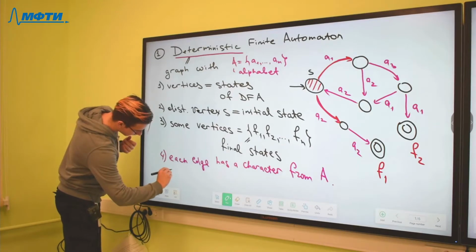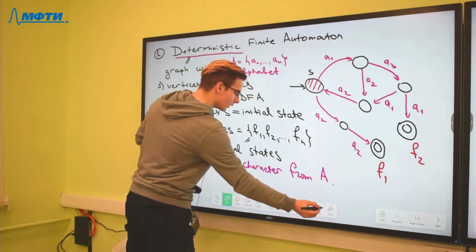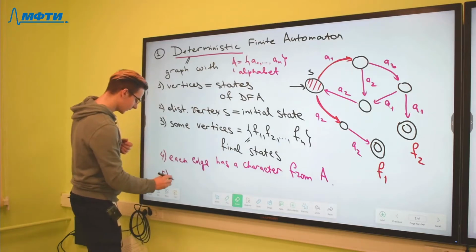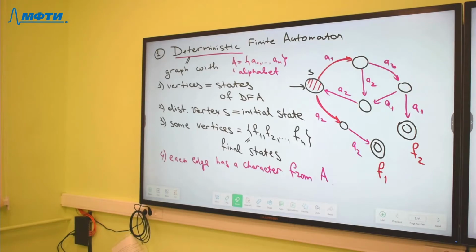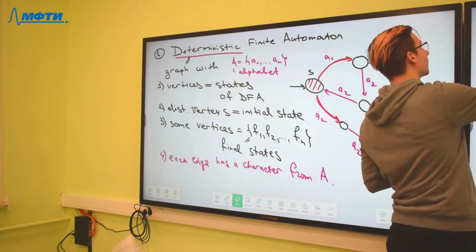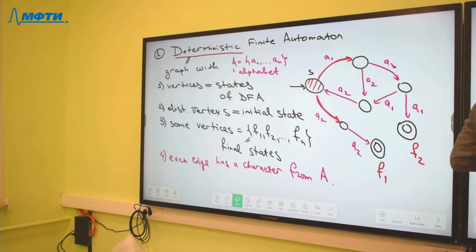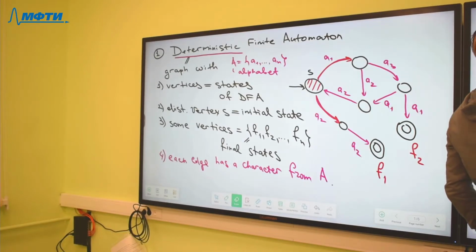If I draw it on the next slide, it is deterministic.